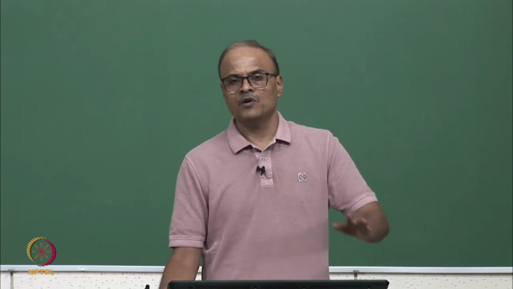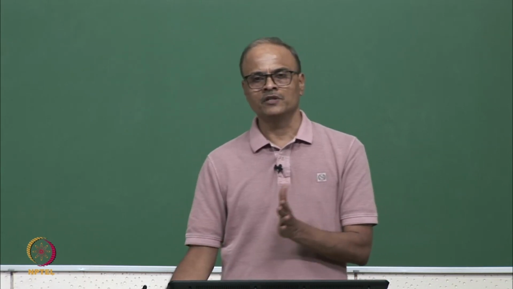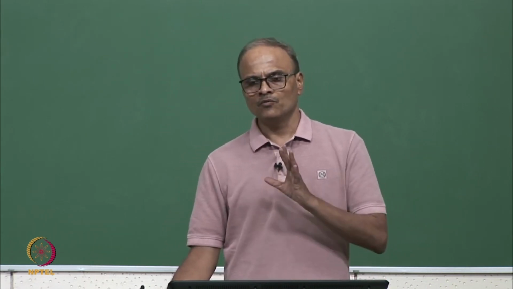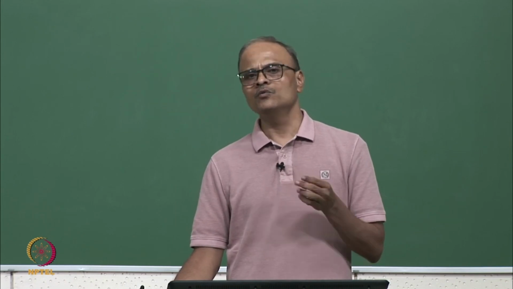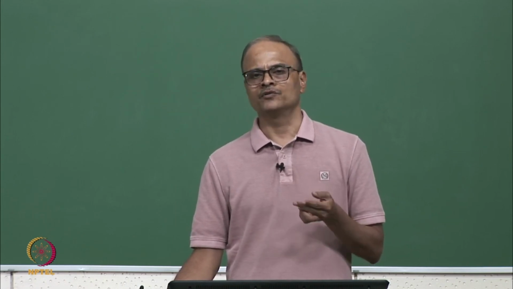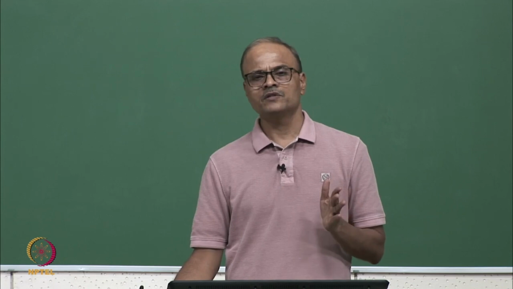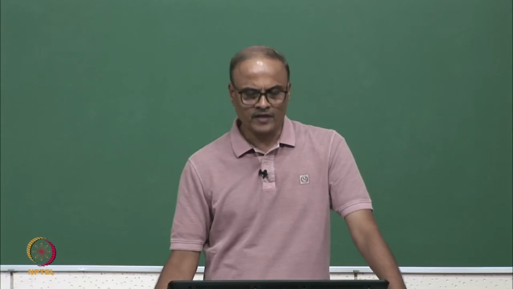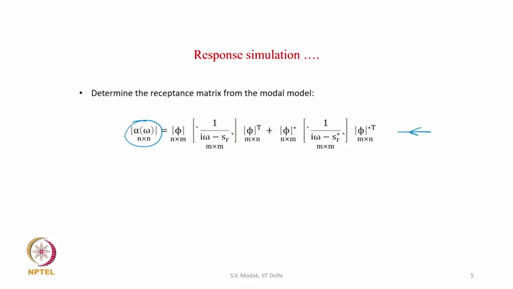There are n degrees of freedom where the measurements were taken, and there are n elements in the mode shape. So, now we can find the FRF between any two combinations of these degrees of freedom. That effectively gives us a receptance matrix of order n by n. This n by n matrix can now be used for determining the response to any forces that might act on the system.